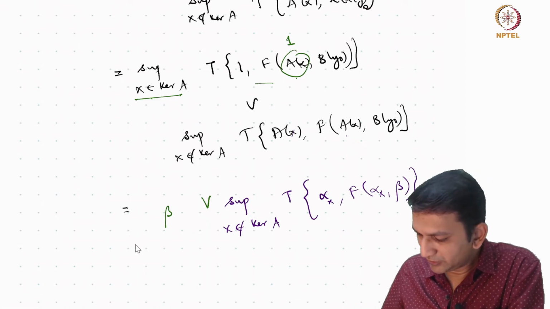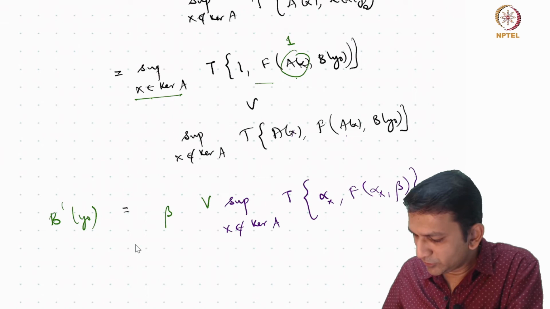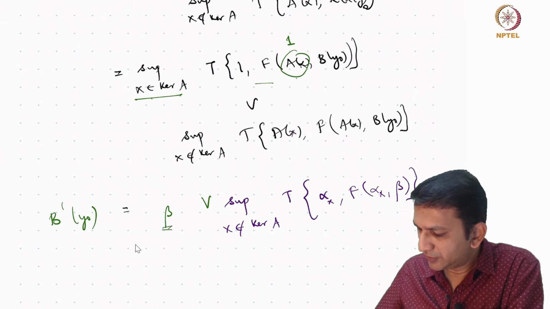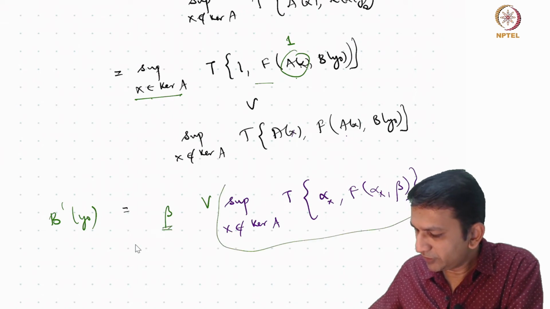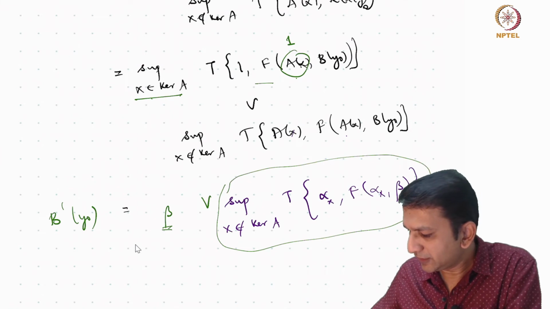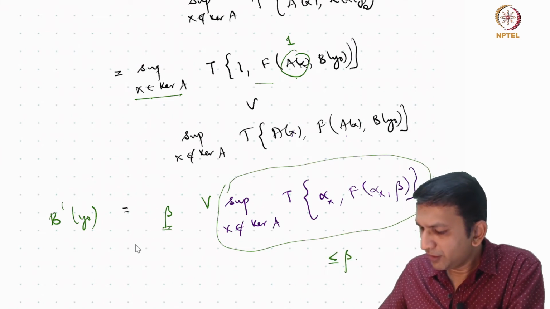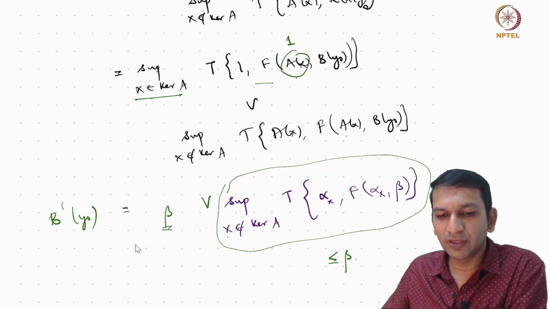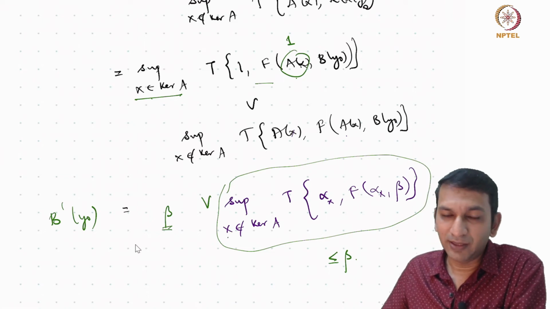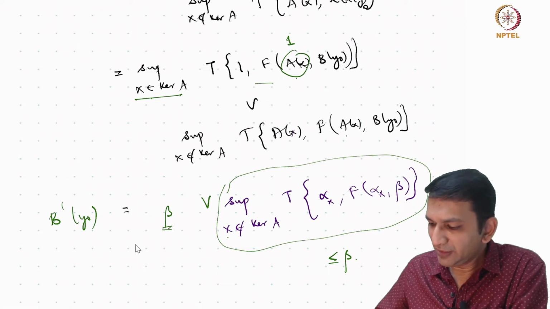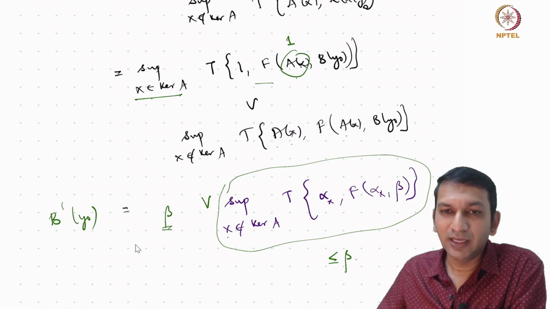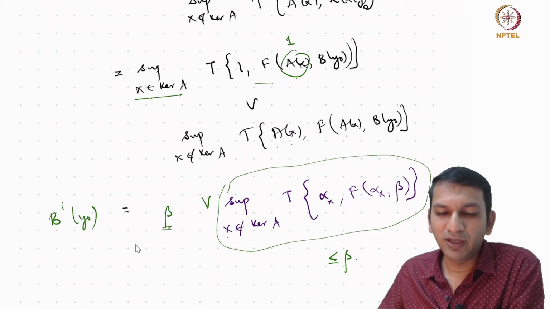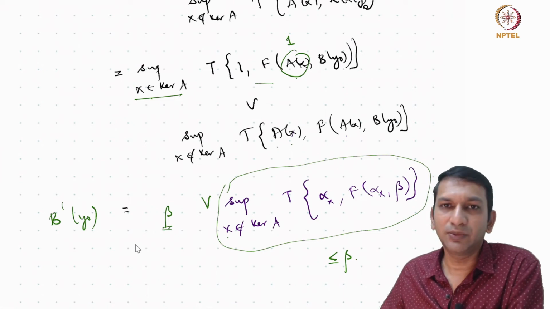Now we know that this is b dash of y naught. We want this to be equal to in fact beta, which means this entire quantity should be less than or equal to beta. And for every alpha x, remember x is varying over the non-kernel part of a, that means alpha x, which is nothing but a of x, is actually a value less than 1, but it could be any value less than 1.